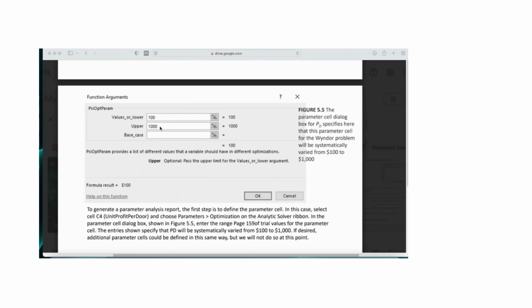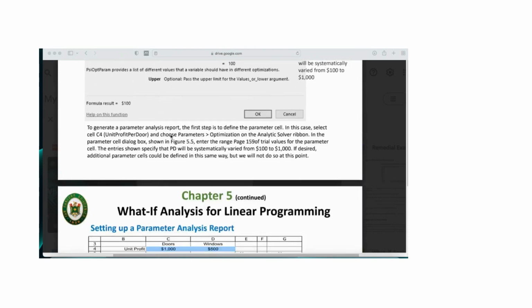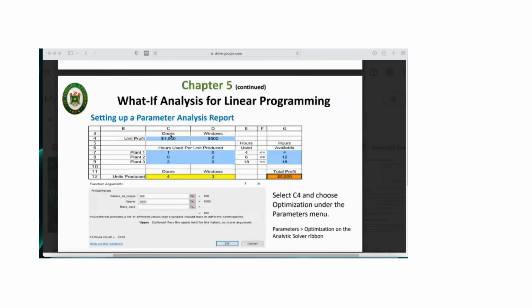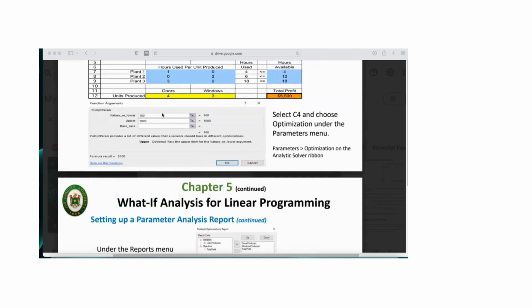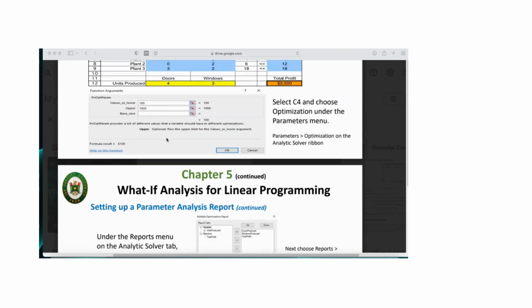These are what we call the range. With the range of 100 to 1,000, this is the range within which to change one parameter. Okay? So you just input the lower and upper limit, then fill up the rest.